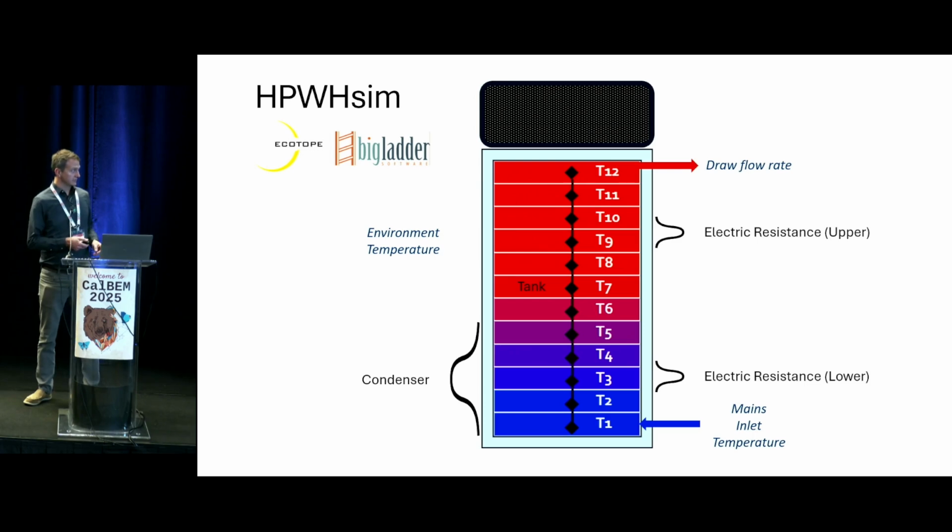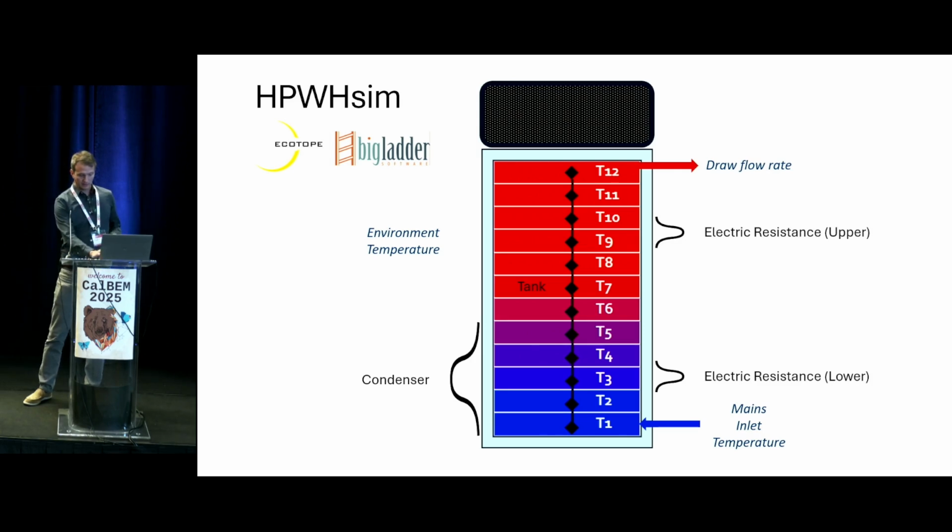This model divides the tank into multiple nodes. It includes parameters to characterize the insulation around the tank, the condenser where it's located and how the heat is distributed inside the tank, electric resistance heaters, and any number of extra heat sources can be specified.